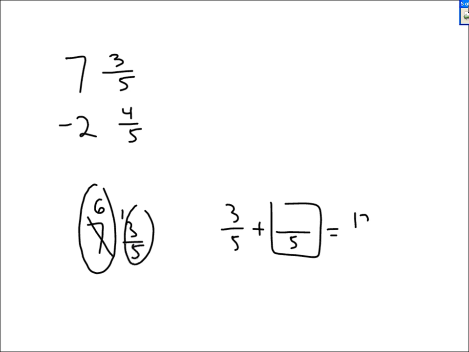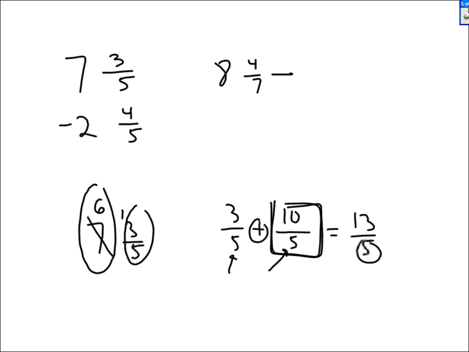And now you have 13/5. Well, in addition, if the denominators are the same, keep it, add the numerators. 3 plus 10 is 13. The problem is you didn't add 1. You didn't add 1.